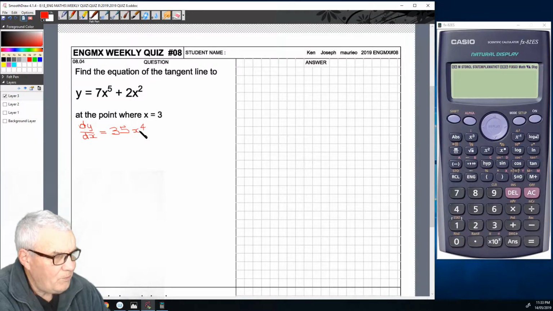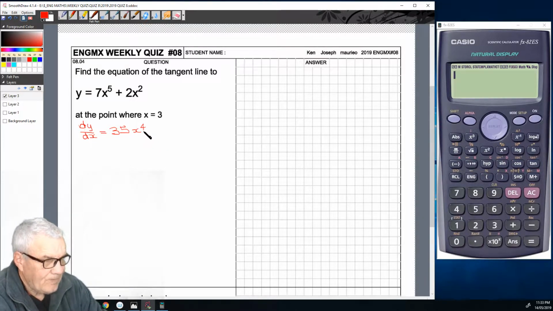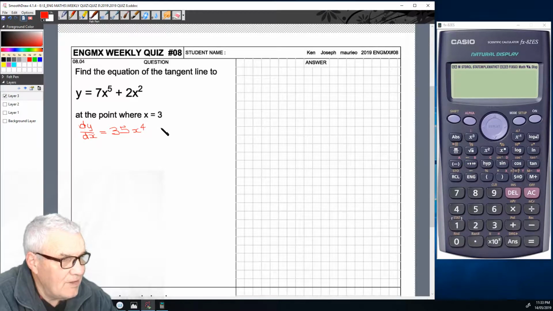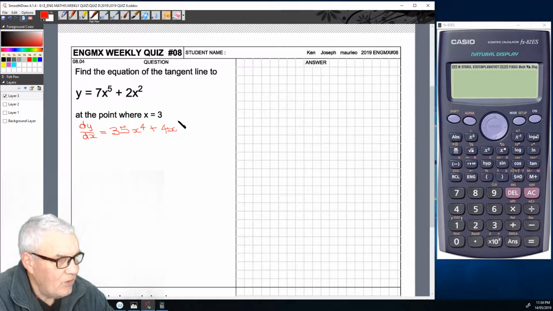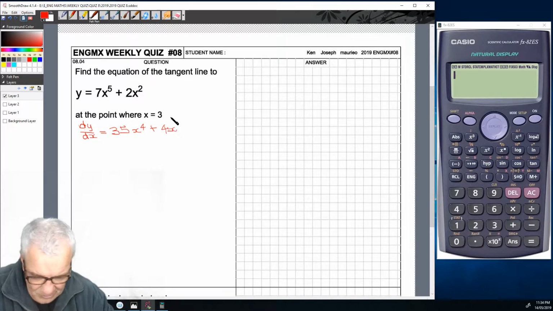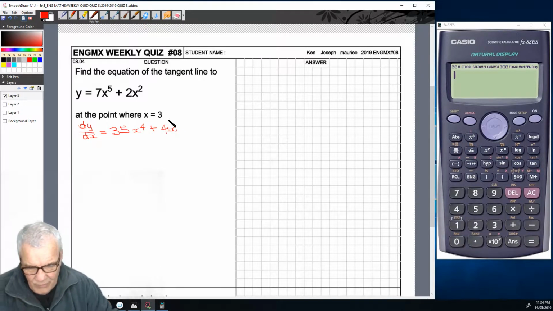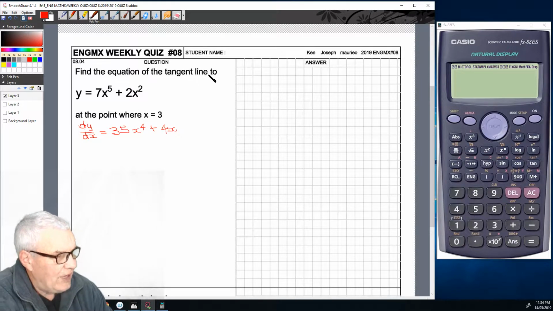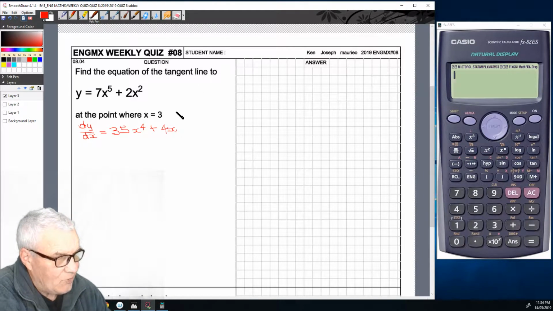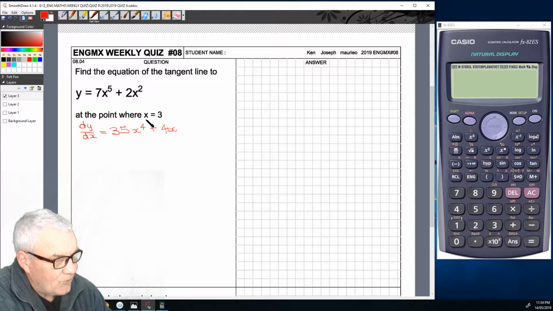So that's the slope of the graph at any point on the graph, plus 2 twos are 4x. So dy by dx equals 35x^4 + 4x. We want the tangent line at the point where x equals 3. So where x equals 3, dy by dx equals that.